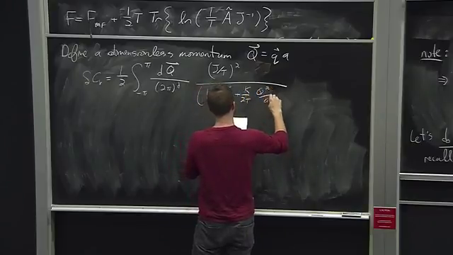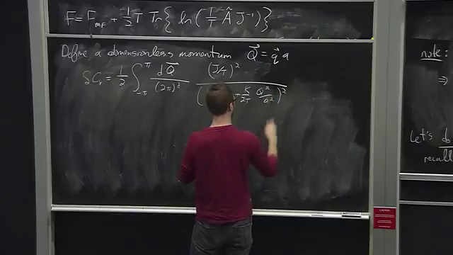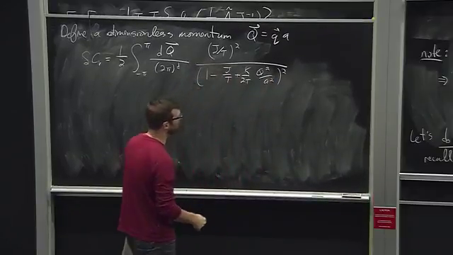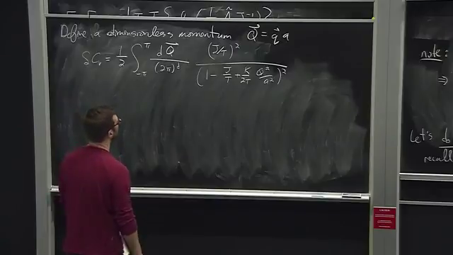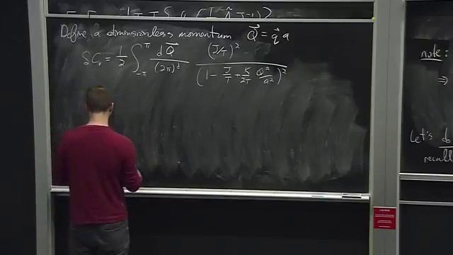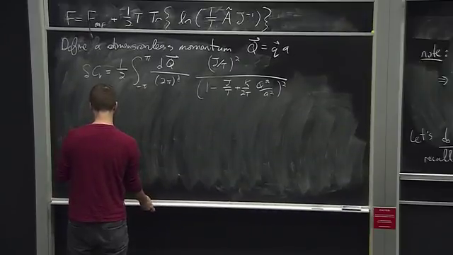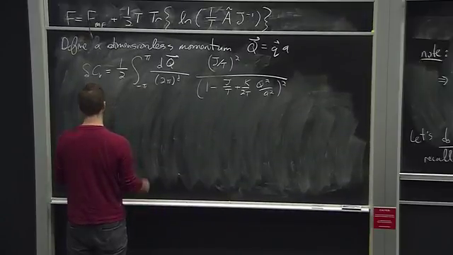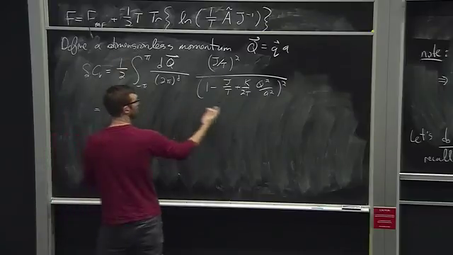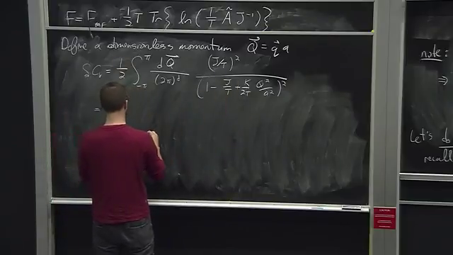Q squared over a squared. So I do that at the price of an a there. Let me think. Pull out part of this numerator.